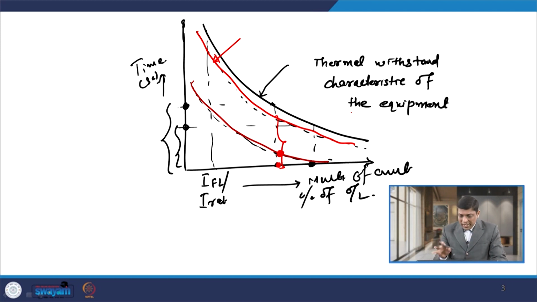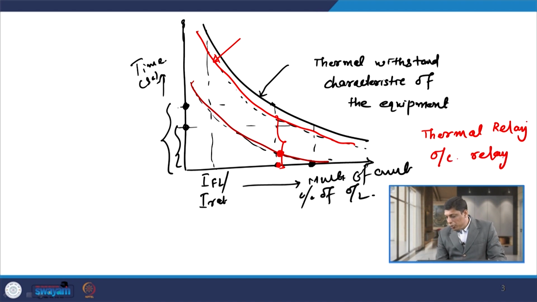So, this clearly indicates the difference between the characteristic used by the thermal relay and the characteristic used by the overcurrent relay. If I use an overcurrent relay for the protection of overload, then we are disconnecting the equipment very early, usually in a fraction of a second or milliseconds, as I told you earlier, whereas the equipment is capable of taking such overload.